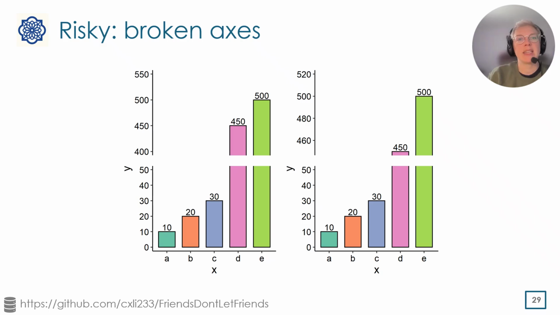Another risk is having broken axes, and I understand that sometimes it is needed because you have some tiny values and some very big values, and you can't really fit all of that in a readable way in a single graph. But it is risky because length is the encoding mode for a graph like this, and by chopping the axis, you're messing with the encoding mode. So it's easy to distort things.